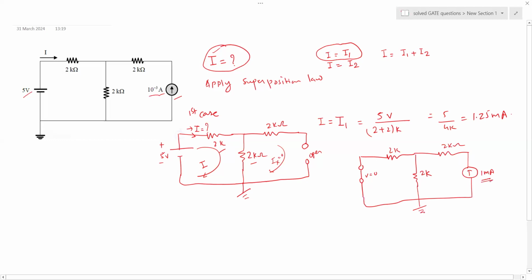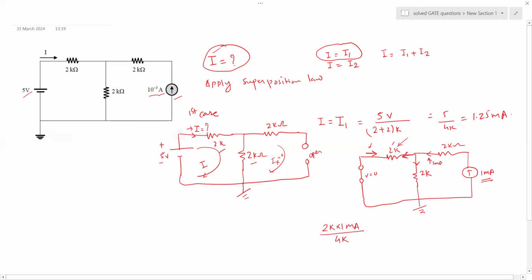Now this current is flowing through this resistor right here, and it gets split into these two parts. We want to know the current flowing through this 2K resistor, and this current in this direction is nothing but the current in the opposite direction, so we'll just have to change the sign. I know that the current here is 1 milliampere, which is splitting between the two equal 2 kilo ohm values. So the current through this resistor will be 2 kilo ohm multiplied by 1 milliampere divided by 4 kilo ohm.